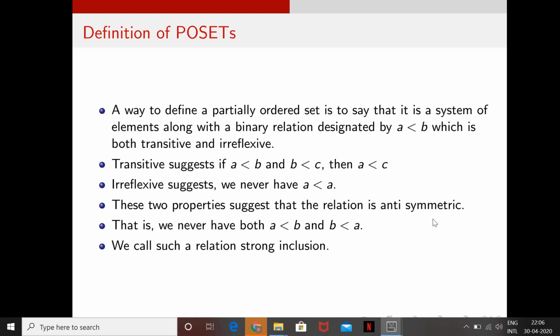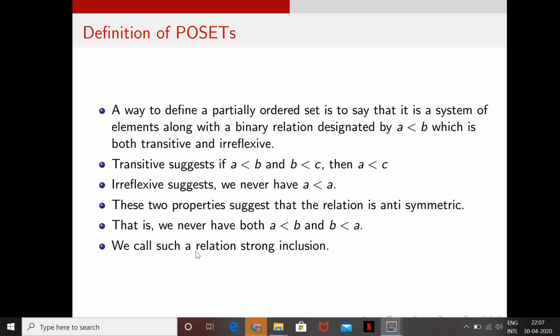But here I have not done the same because symmetric says that a relation R on X is said to be symmetric if x relates y implies y relates x. But antisymmetric states that if x relates y and y relates x implies x is equal to y. These two are not negations of each other. There is a difference. That's why never get confused and think that symmetric is the negation of antisymmetric, because it is not.